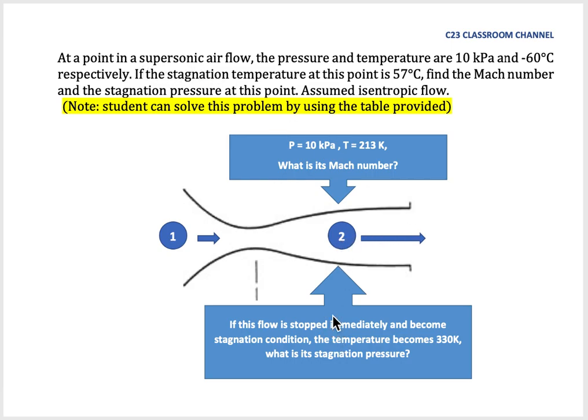Then, if this flow is stopped immediately and becomes a stagnation condition, the temperature increases to 330 Kelvin. So what is the stagnation pressure at that time? So this is the question for C.